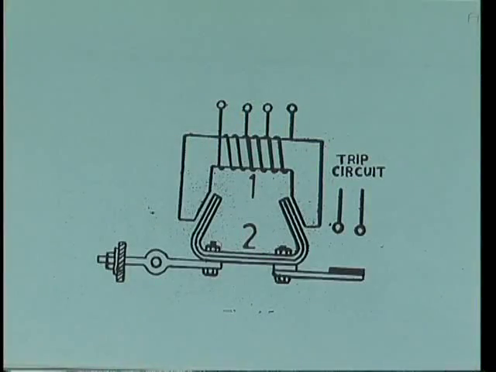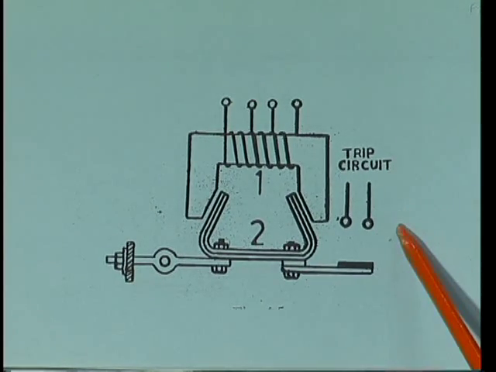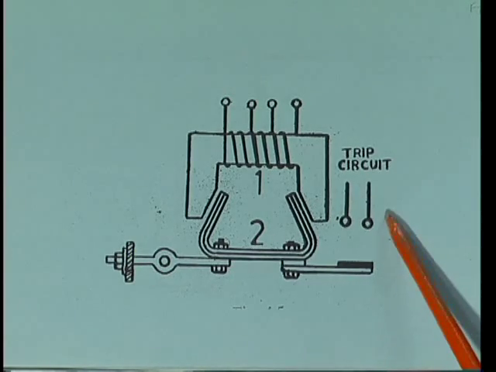The other type of relays is electromagnetic relays. There are two types of electromagnetic relays. First one is the electromagnetic armature relay; let us see its construction.